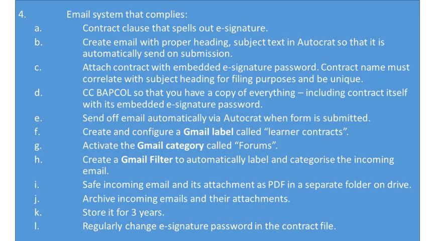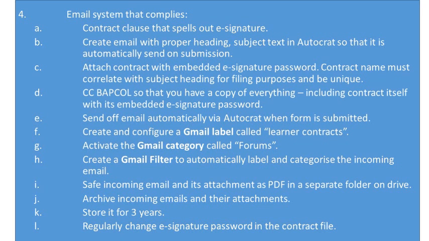You will need it later on to prove that the password that the person sent was in fact the password in the email that was requested. The email with the attached contract is then sent off automatically via AutoCrack whenever the form is submitted.